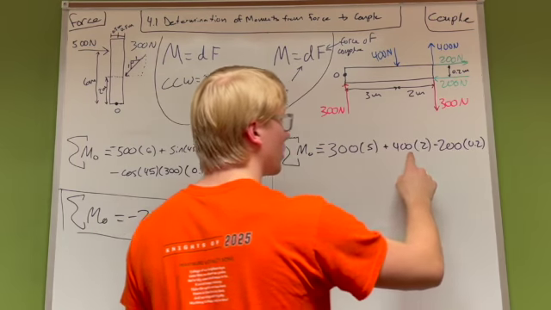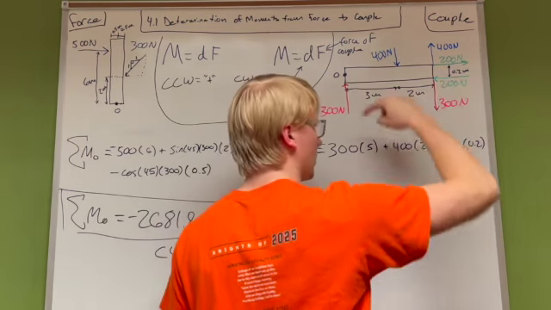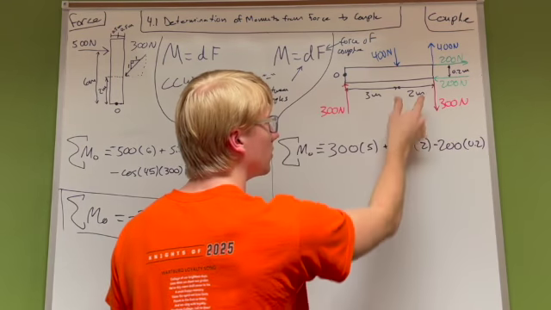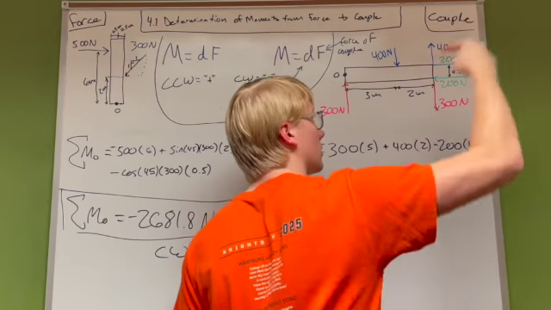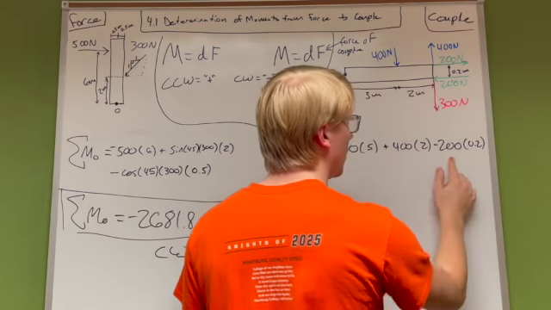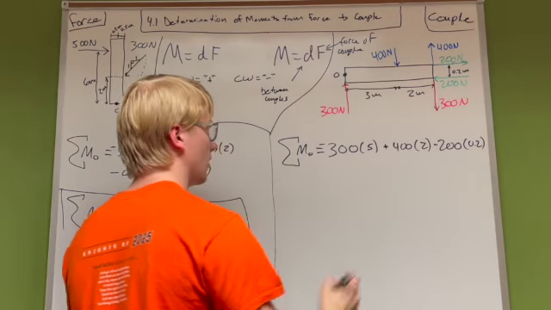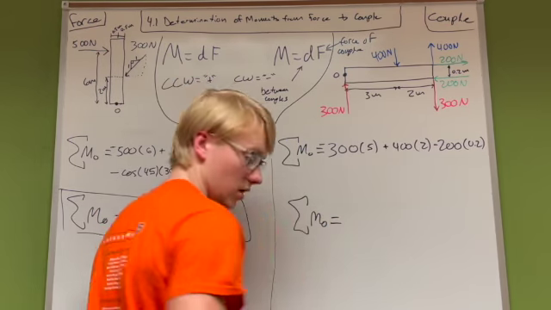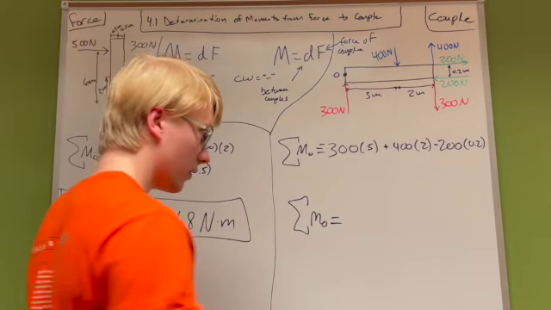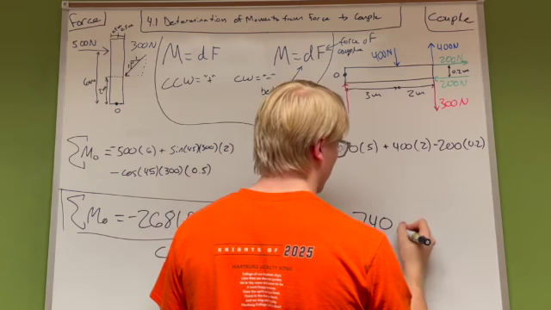The 400 is counterclockwise, so it's positive, and the distance between the two blues is 2. The 200 is clockwise, so it's negative, and the distance between the two is 0.2. So when you do all that math, you get negative 740 Newton meters.